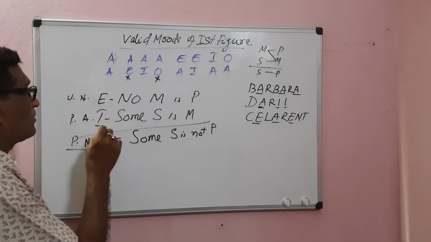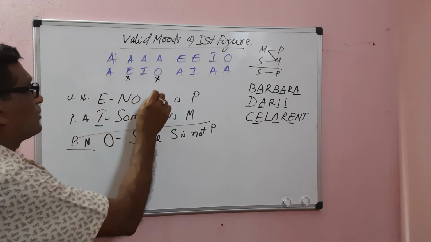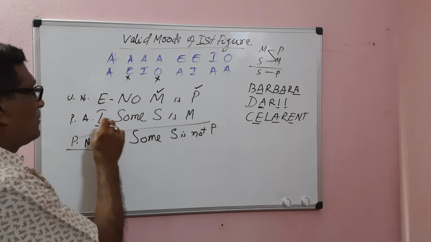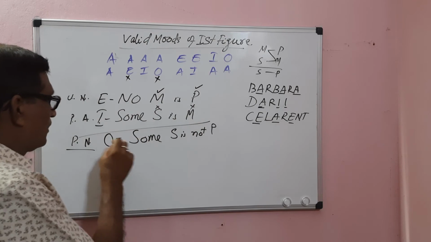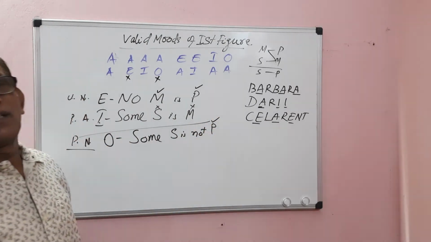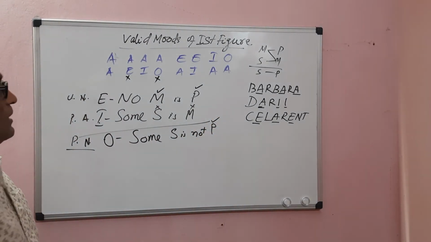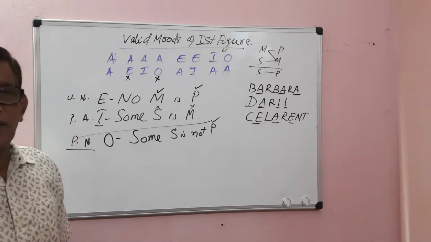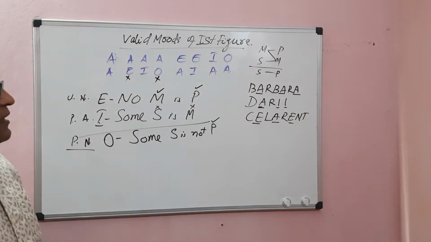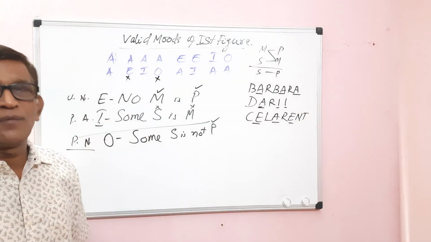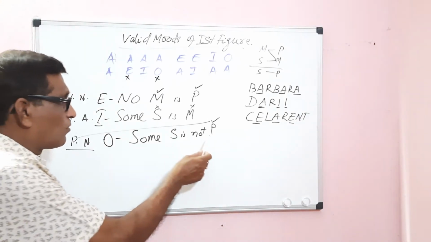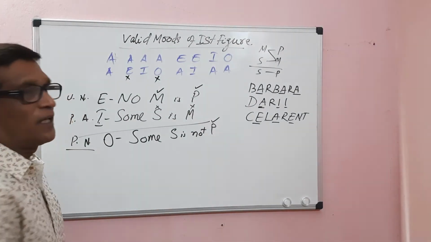From EI we are deriving the conclusion. The E proposition distributes both subject and predicate, the I proposition distributes neither subject nor predicate, and the O proposition distributes the predicate. You see, the middle term is distributed once in the premises, here in the major premise, so there is no fallacy of undistributed middle. Then in the conclusion, the major term is distributed.